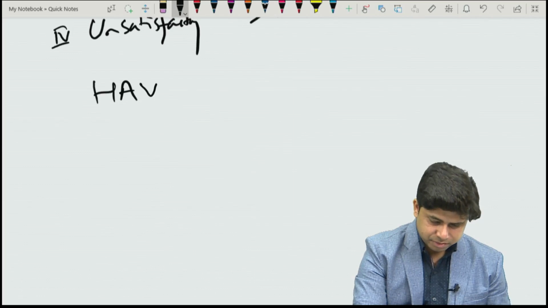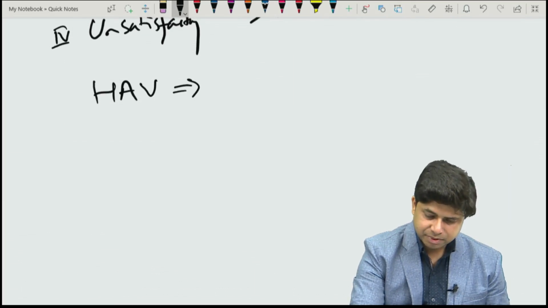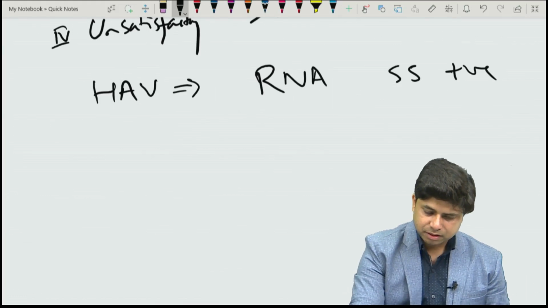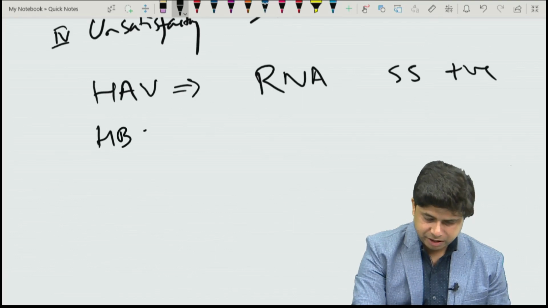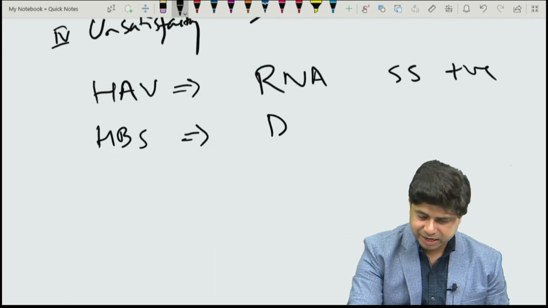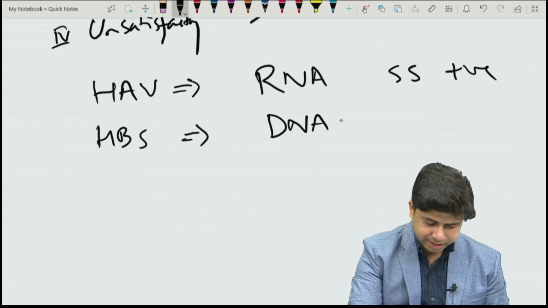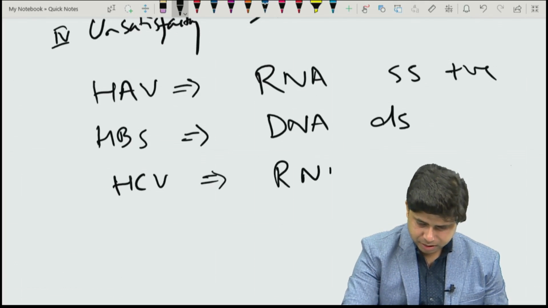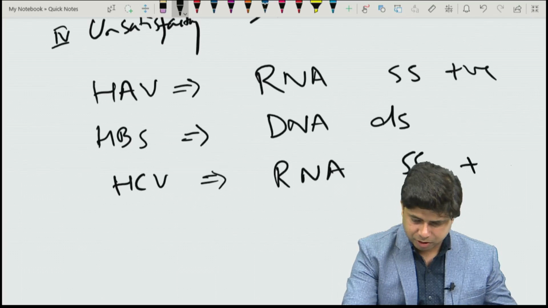HAV, hepatitis A virus, is RNA. It is single-stranded, positively coiled. HBV, we all know, is only DNA containing and is double-stranded. HCV is RNA and single-stranded and positively coiled.